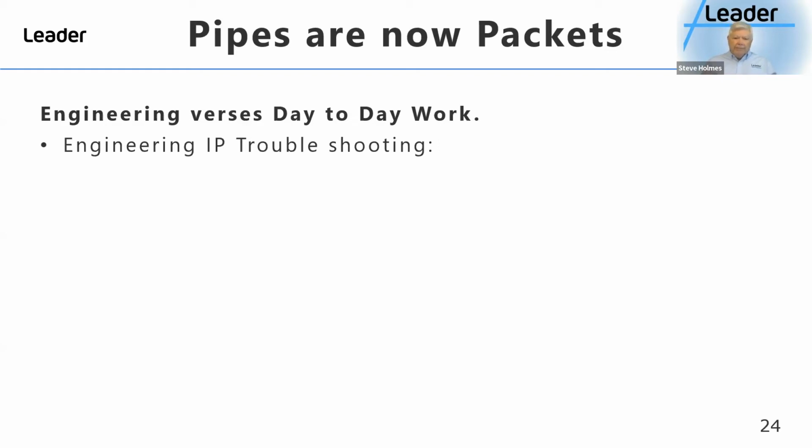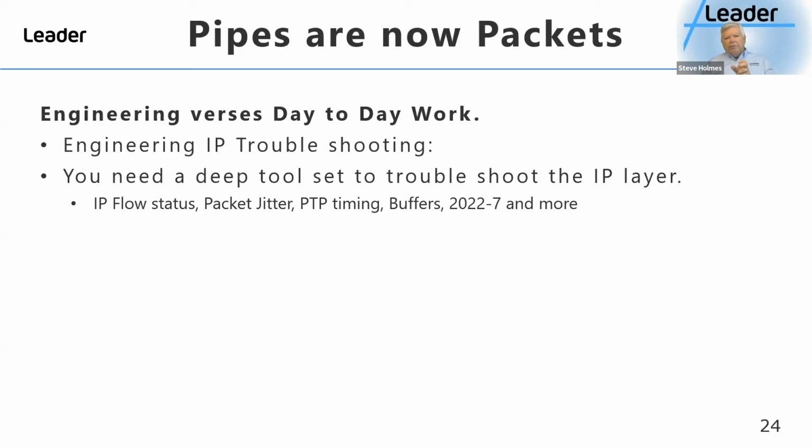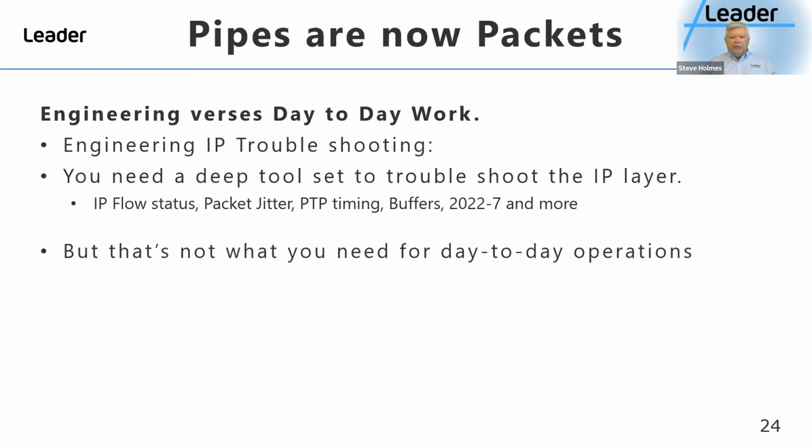In engineering and IP troubleshooting, we need a tool set that will allow us to go down and look at the packet layer, look at the IP flows that are coming in, look at packet jitter, look at the PTP timing that puts all of this together, look at buffer modeling, and look at 2022-7, which is the one-for-one transmission that we would have with a red and a blue network because of how devastating the errors are.